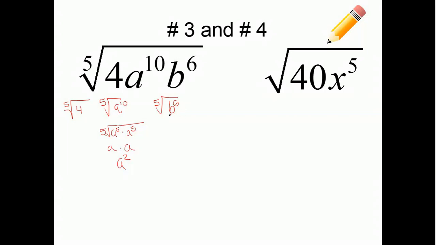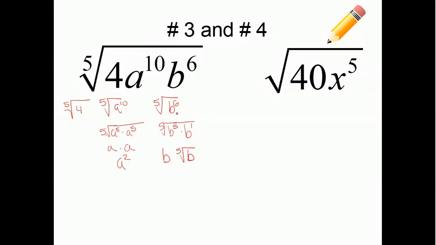This one, how can I make a b to the 5th? So I can make this into b to the 5th, and then how many b's am I going to have left over? Well, just one more b, because b to the 5th times b to the 1st would be b to the 6th. Well, 5th root of b to the 5th is just b. But you still have this b to the 1st left behind inside the radical.